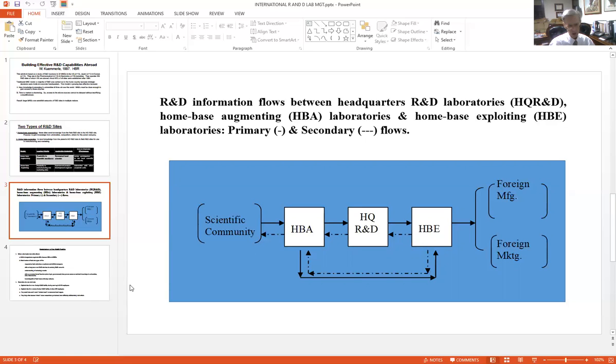We then have in the center the headquarters research and development function, which takes advantage of what the home-based augmenting laboratory discovers and takes it further, incorporates it into its processes, and as a result, it may actually be able to give something back to the home-based augmenting lab, which can then give it under the right circumstances to the community.